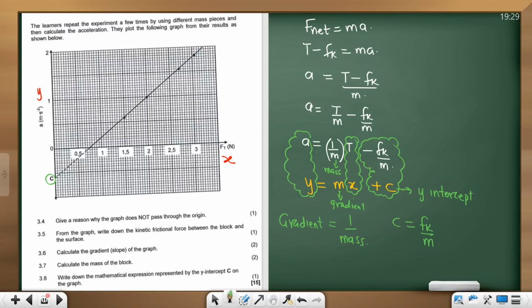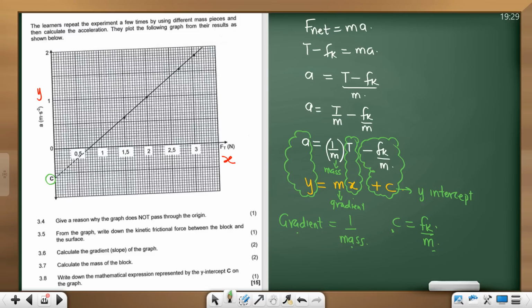Fk over M. I want you to see the connection here, that everything begins from the gradient. If I get the gradient, I'll get the mass. Once I have the mass, I'll go to my graph and read the y-intercept off the graph. I'll be able to calculate my friction. y equals mx plus c.